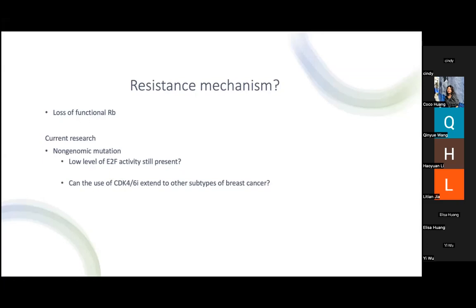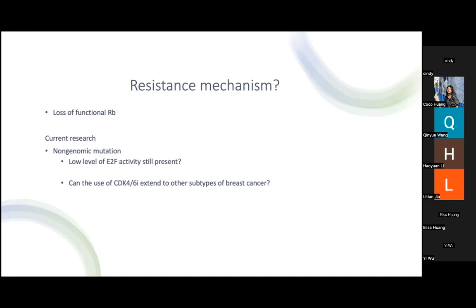Even though researchers have discovered this loss of functional RB, for ER positive breast cancer patients, they don't develop this somatic mutation after moving into the therapy, and they found that low levels of E2F activity are still present.